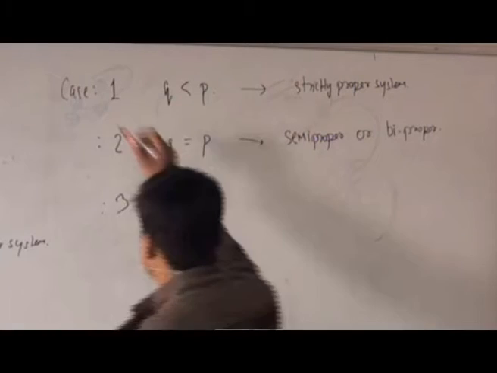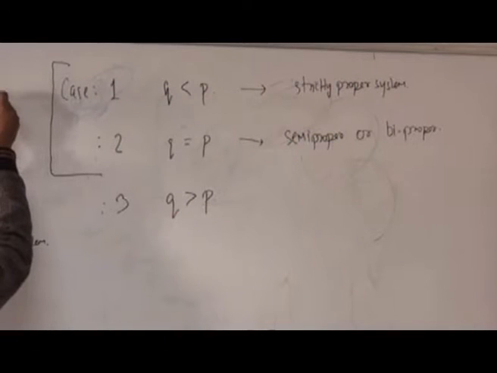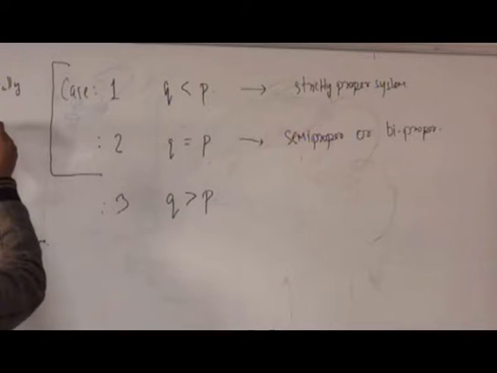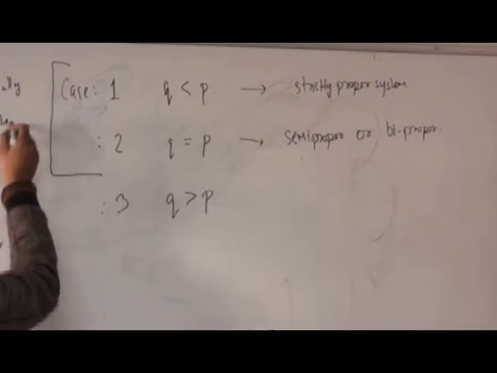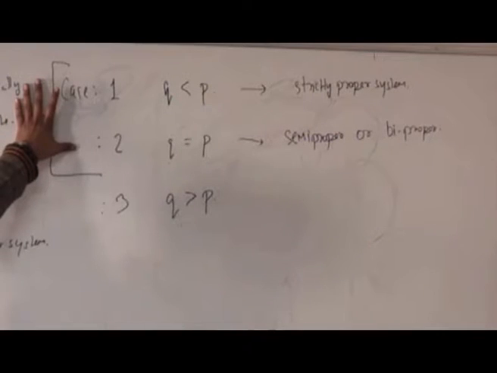And in these two cases, we say that the system is physically realizable, in the sense that only these systems can be implemented physically.